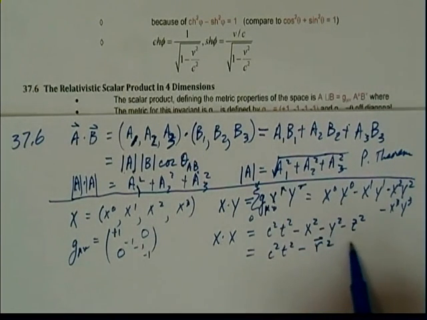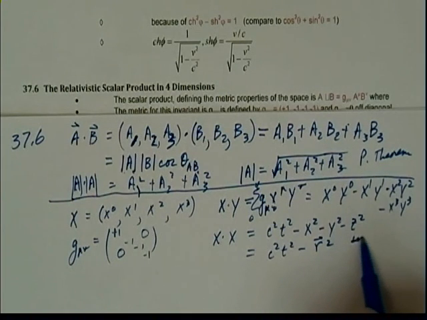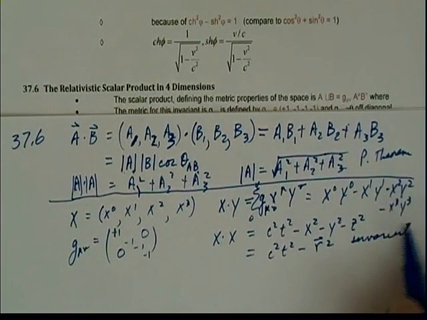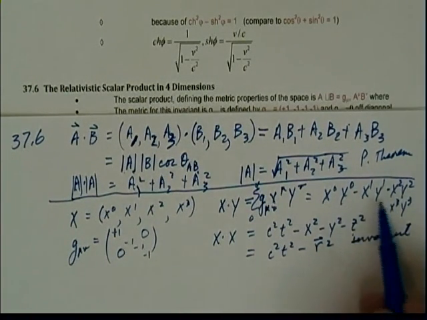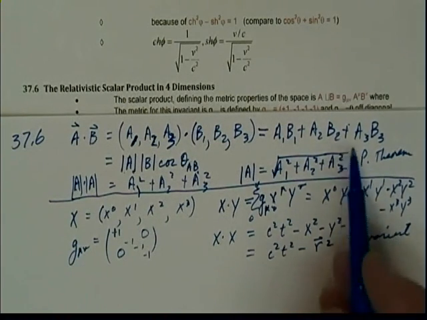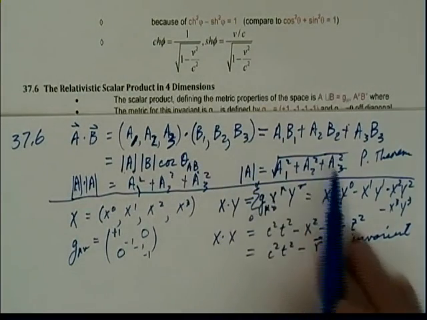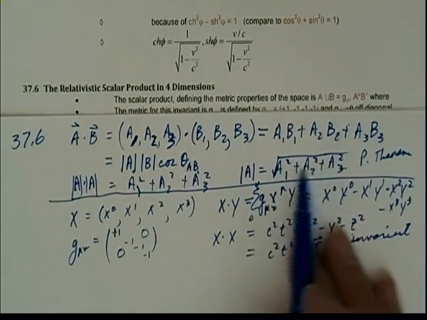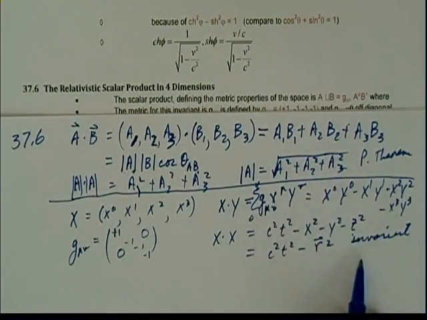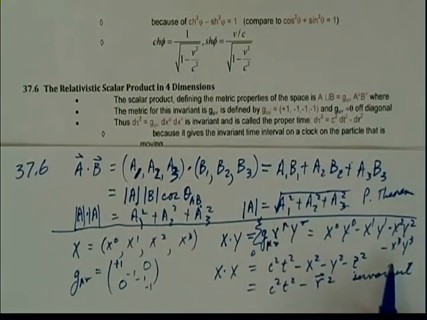And that's the length of a vector, and this is invariant. The dot product is invariant under the transformations that describe that space, and just as the regular dot product is invariant under rotations, which is the Pythagorean theorem, this dot product is invariant under the Lorentz transformations.